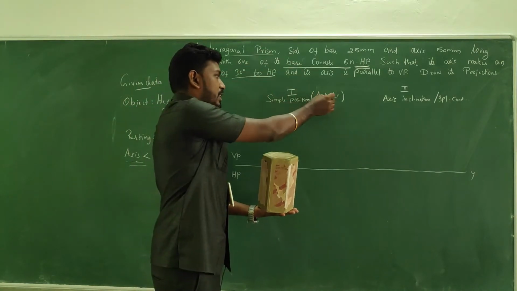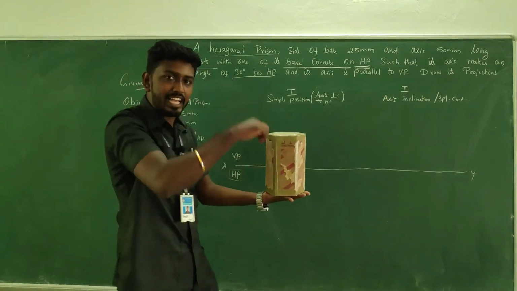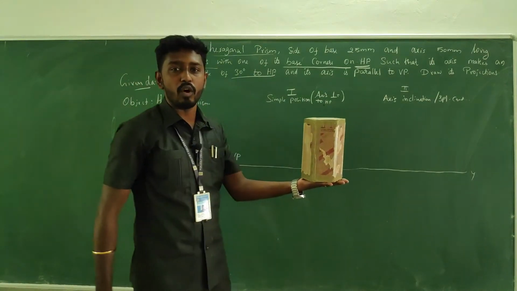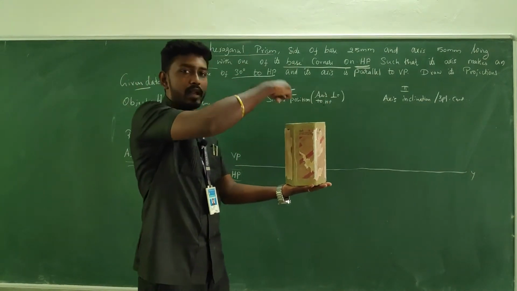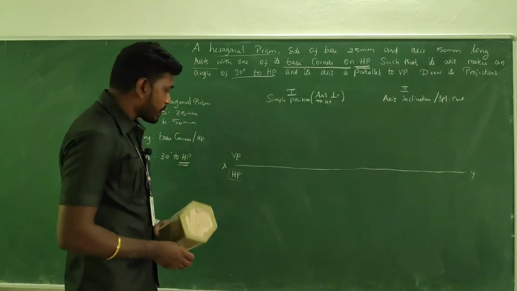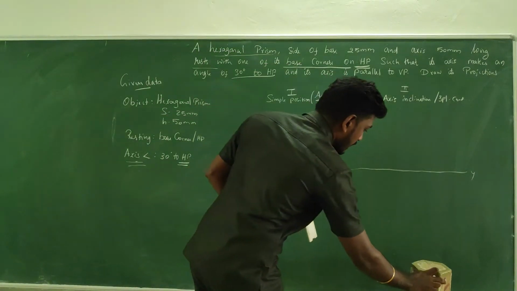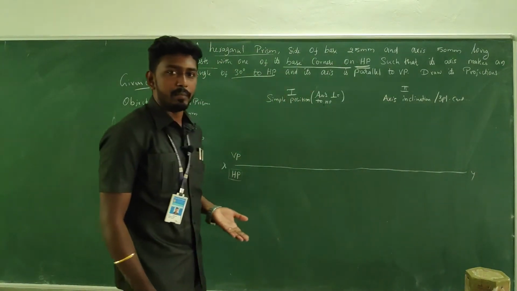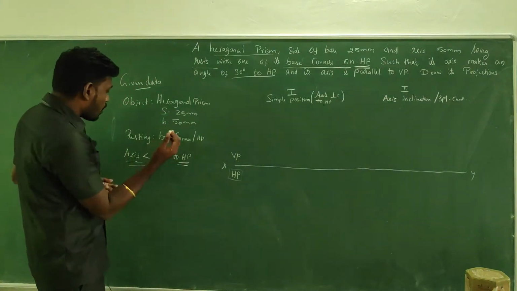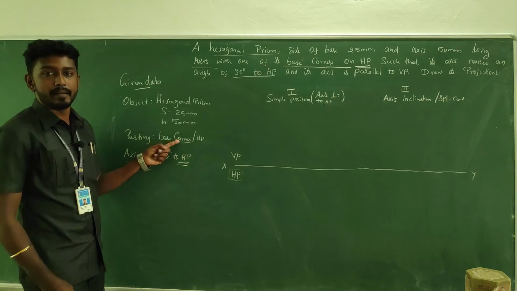Since it is kept perpendicular to HP, in the HP plane the true shape will fall, the true shape in the top view. That means on HP, so in the HP I am going to draw. While you position the object just like a plane, we have to consider a thing, it's an important one. That means how it is resting, either with a corner or with a side.